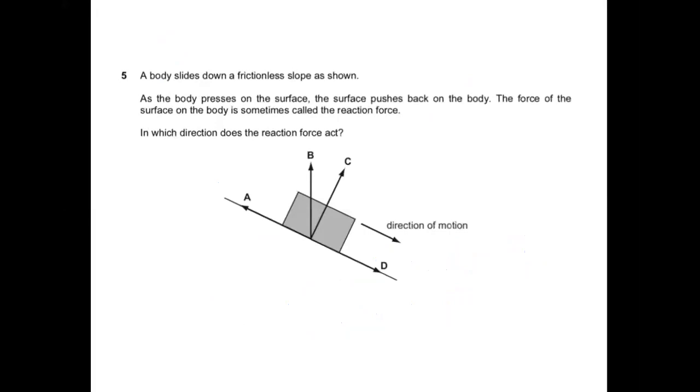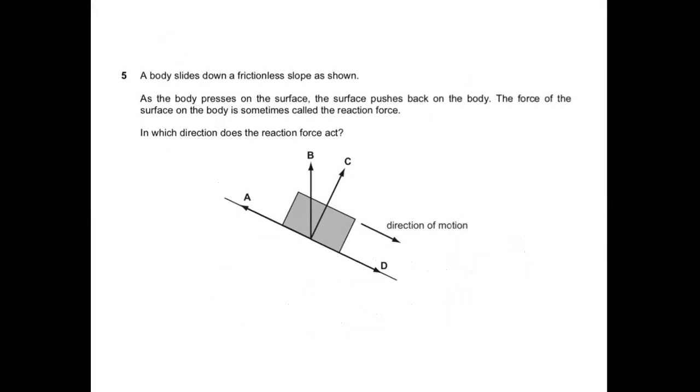Next question, a body slides down a frictionless slope as shown. As the body presses on the surface, the surface pushes back on the body. The force of the surface on the body is sometimes called the reaction force. In what direction does the reaction force act? Over here, what they're talking about is Newton's third law.